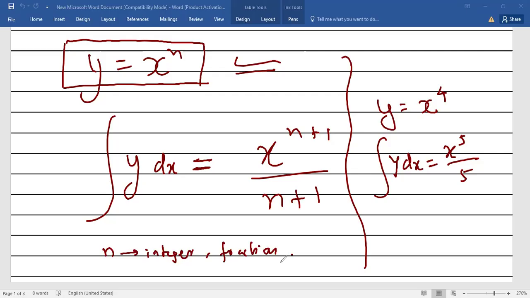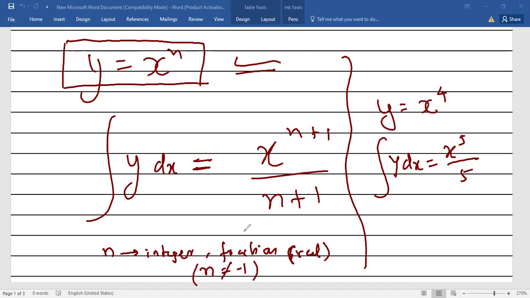So virtually it can be any real number, except n is equal to -1. n will not be equal to -1, remember.